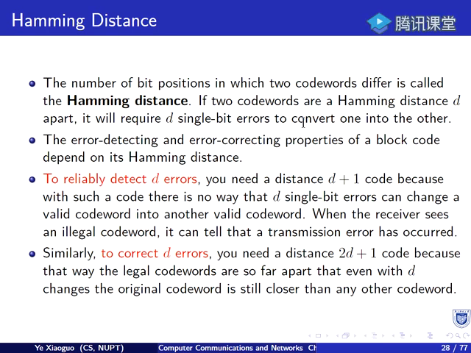To reliably detect d errors, you need a distance d plus 1 code, because with such a code, there is no way that d single bit errors can change a valid code word into another valid code word. When the receiver sees an illegal code word, it can tell that a transmission error has occurred.